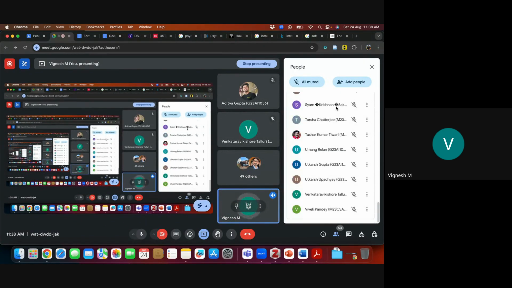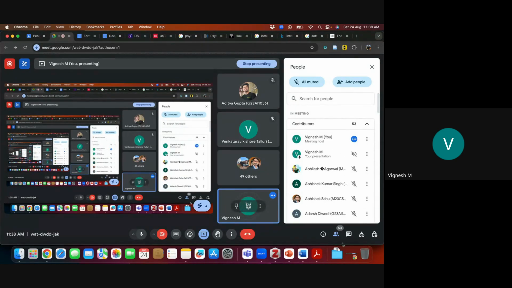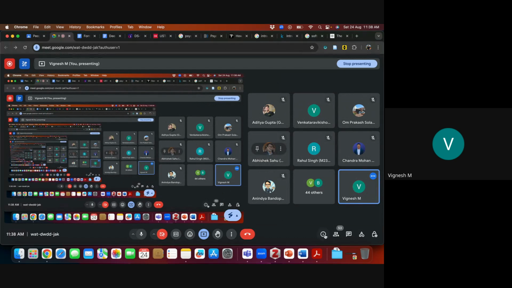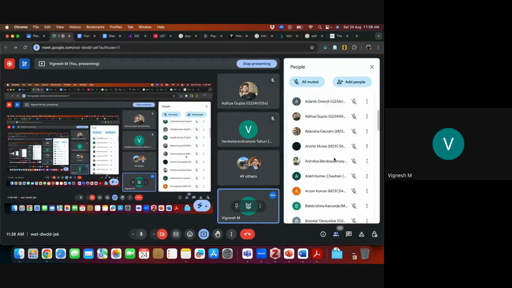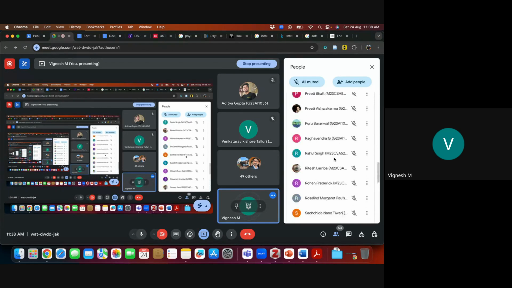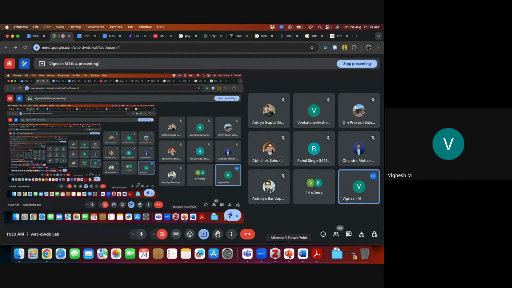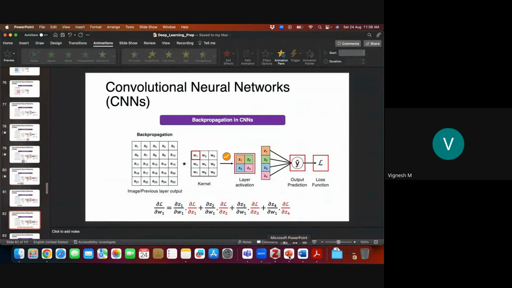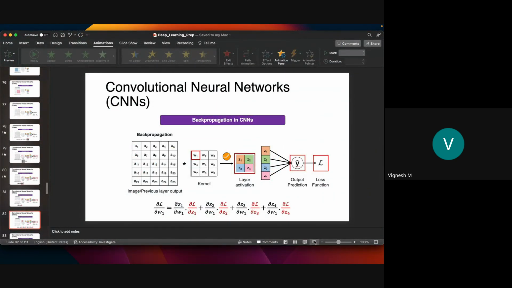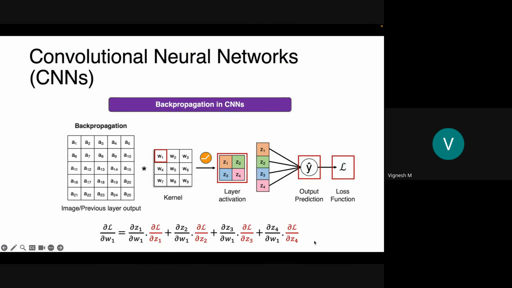No, there is no one waiting in the lobby. So there's no one. Join with your IITJ email ID, guys, so that you don't have to wait in the lobby, right? Be easier.